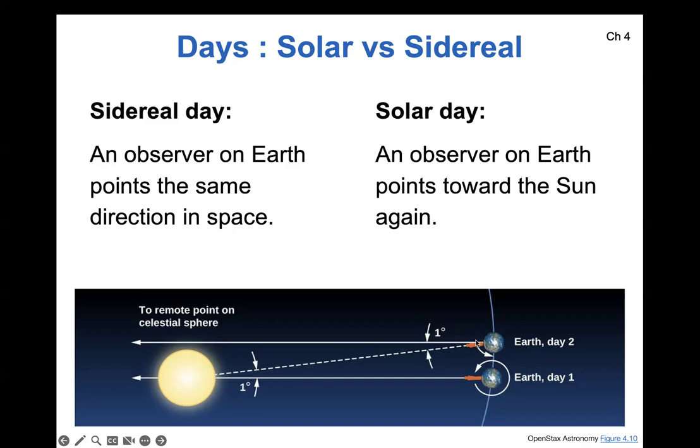And if we look at the figure, we can see that the Earth has moved a little bit in its orbit around the sun from day one to day two, just a tiny portion of the overall orbit, which takes about 365 days. So it's moved about a 365th of a day.